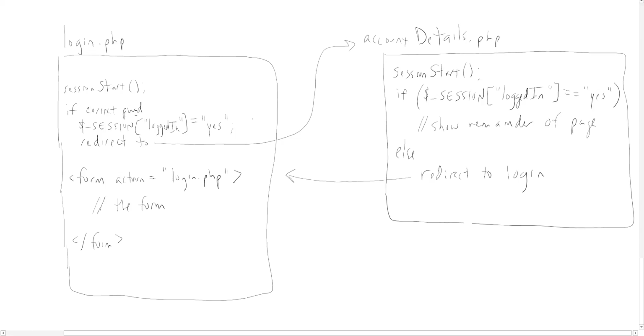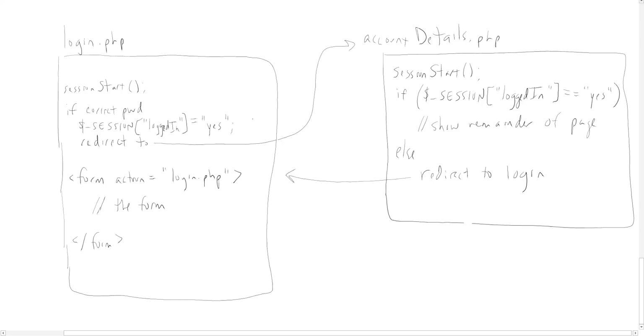Again, I didn't write all the PHP code here, but I want you to think conceptually about this. Whatever somebody typed in for a password in the form, when that gets sent back to this page, it checks to see if it's the correct password. It would probably do that by querying a database, but somehow it would check the password and username, obviously. And if that's true, it sets this session variable.